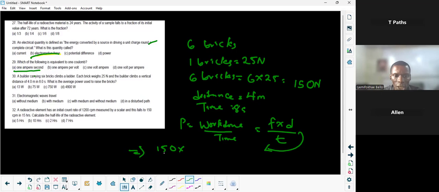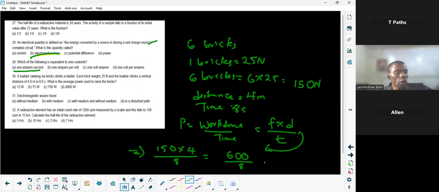The distance is 4, over the time, which is 8. Now, 150 times 4: 4 times 0 is 0, 4 times 5 is 20, write down 0, carry 2, 4 times 1 is 4, plus 2 is 6. 600 over 8.